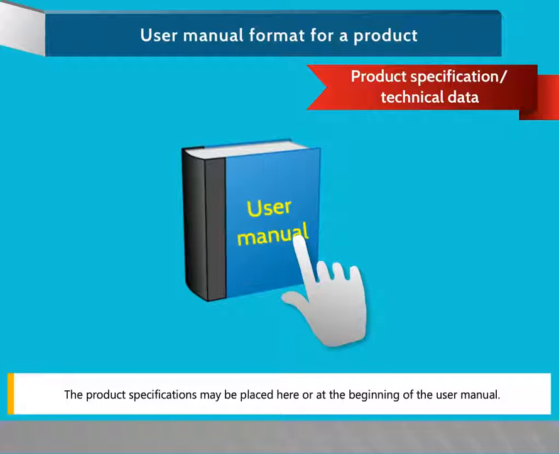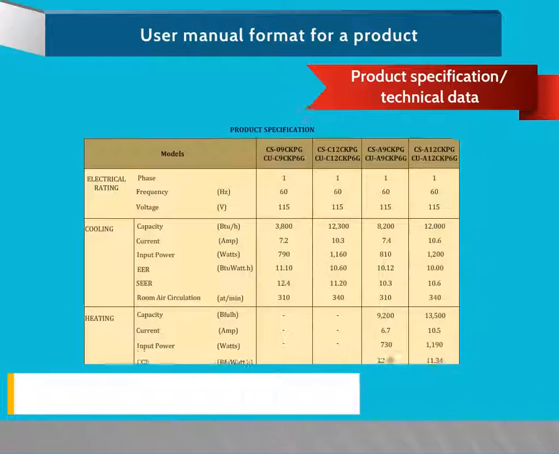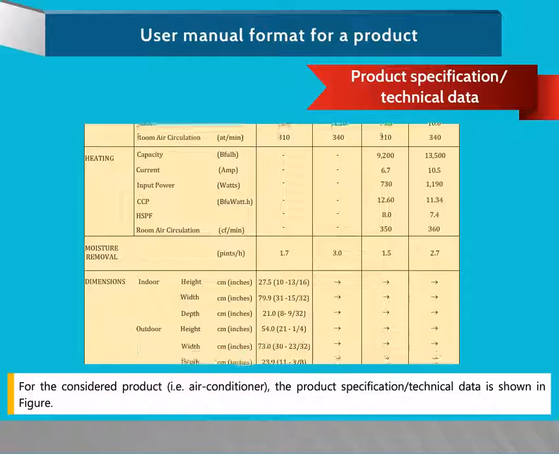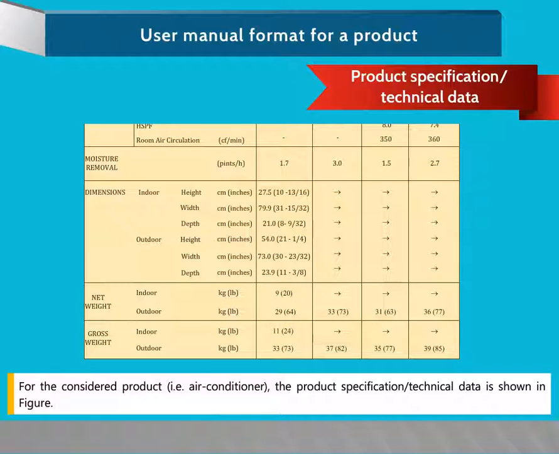The product specifications may be placed here or at the beginning of the user manual. The product specification provides the technical information about the product. For the considered product, that is air conditioner, the product specification or technical data is shown in the figure.